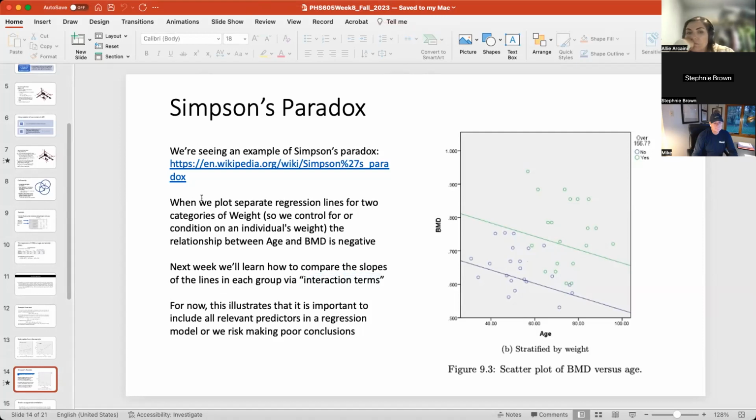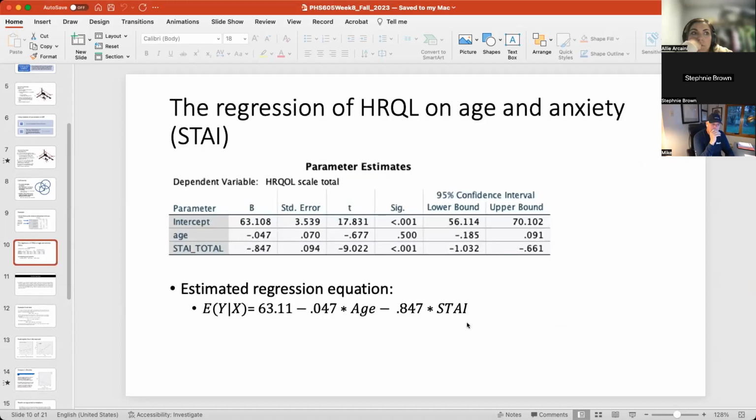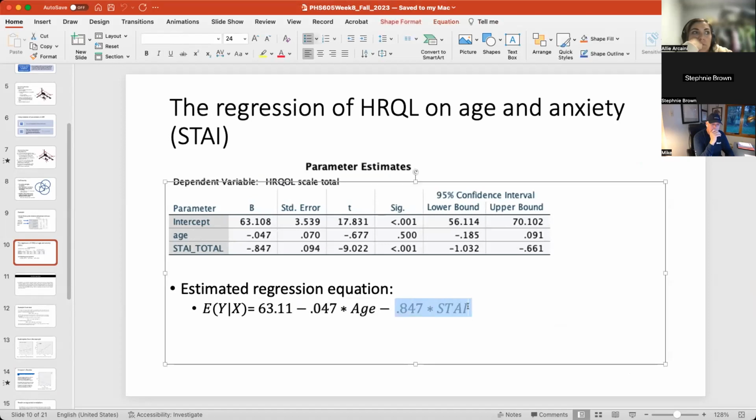So that's another assumption of our multiple regression model as it is this week: that the effect of age is the same in different groups, in different strata of weight. The same is true here. The effect of STAI total, even though age is a numeric variable, we would still interpret as, this model is basically fit assuming that this effect of anxiety is the same at every different age.